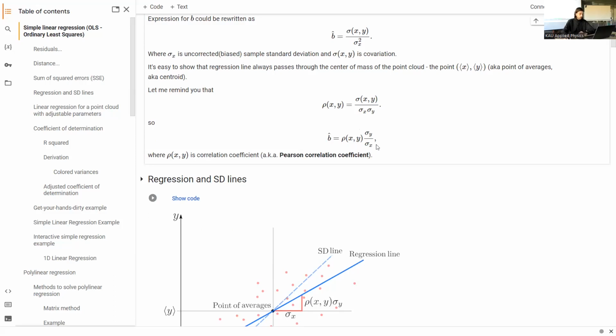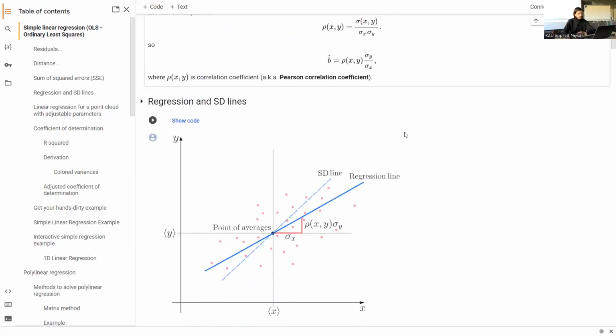So we were talking about correlation, and hopefully you remember all the things. And here you see this correlation in the expression for the coefficients of linear regression. And this is the reason why regression is called regression. So this is an interesting reason, this rho coefficient.